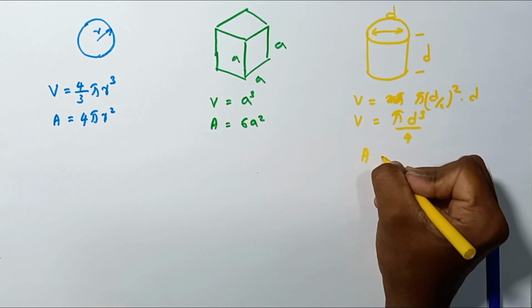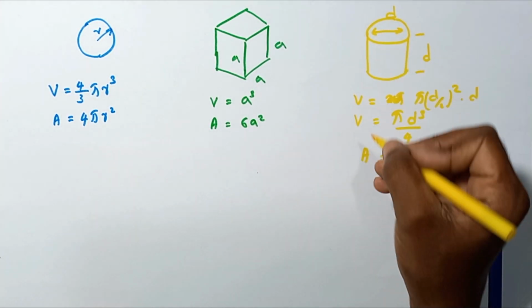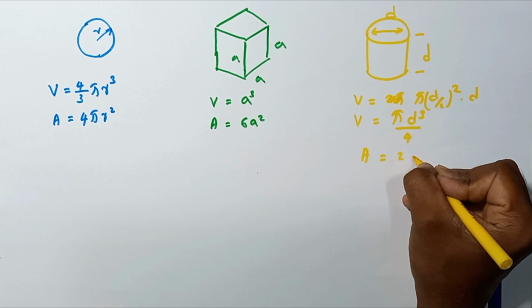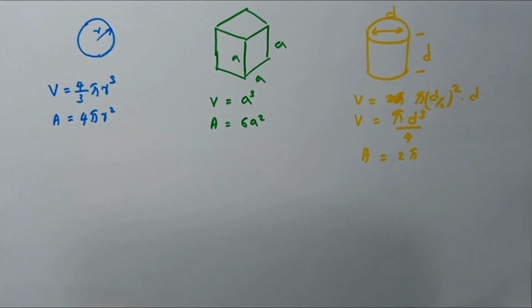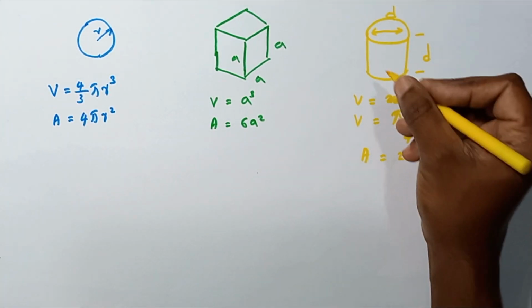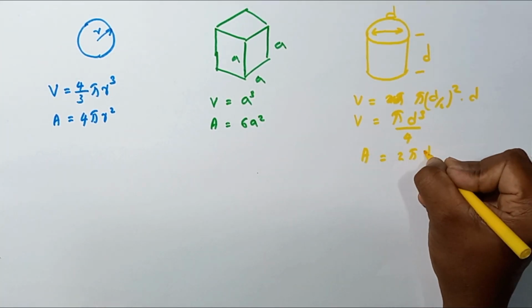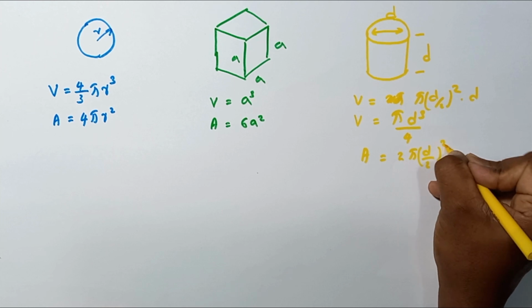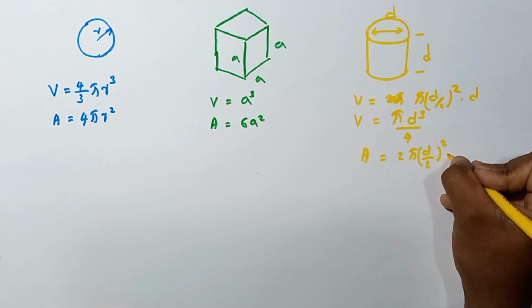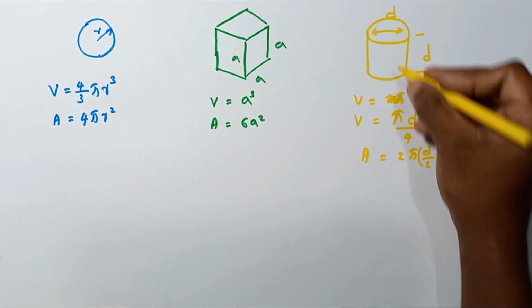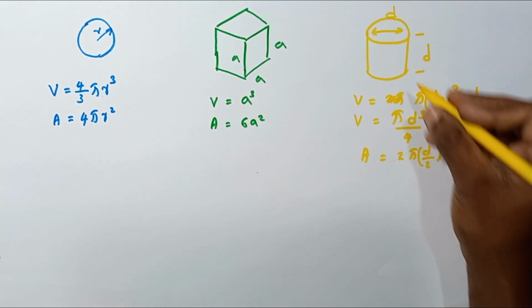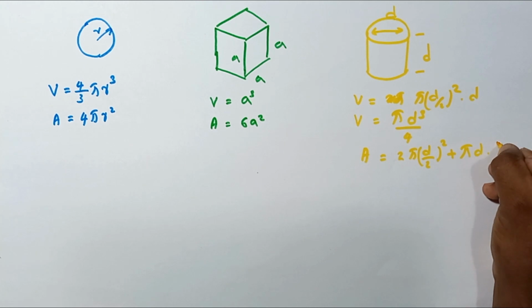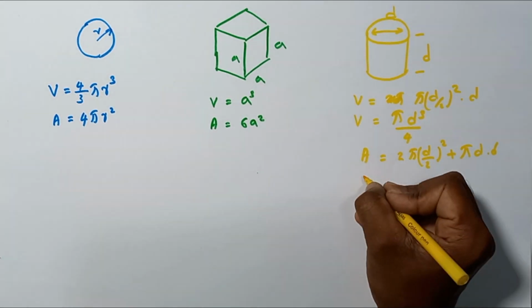Then the area is two flat circular covers plus the circumferential length πd into the height d.